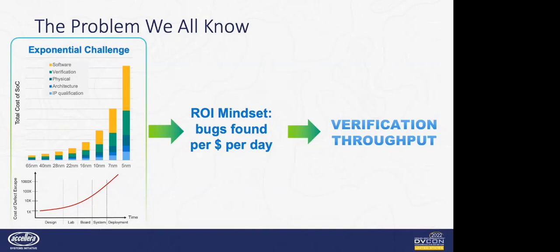But solving problems earlier means they cost less, and because they cost less and take less time, you can get more of them per day. And if we've got an ROI mindset, we can go, aha, I make a more effective product more efficiently at lower cost if I find problems earlier. Thus, we want to always increase our verification.